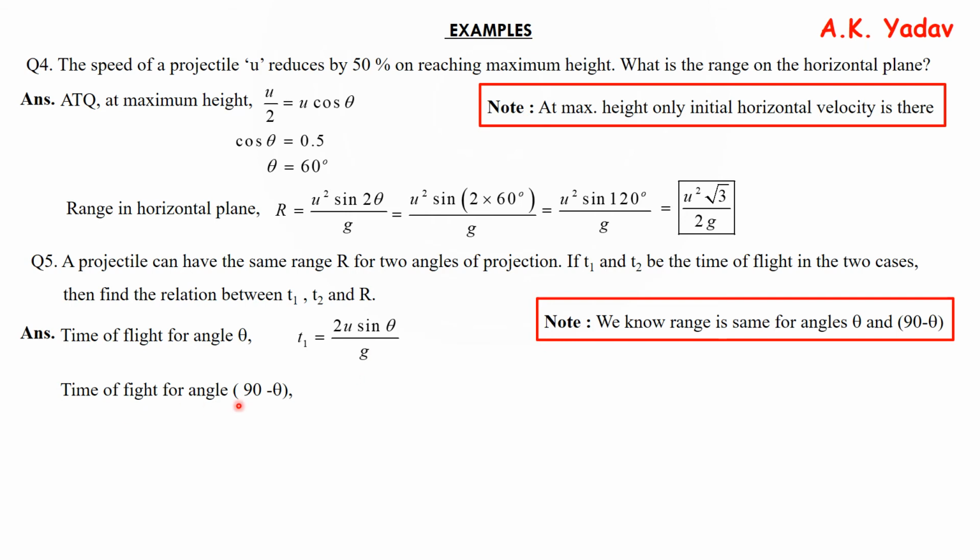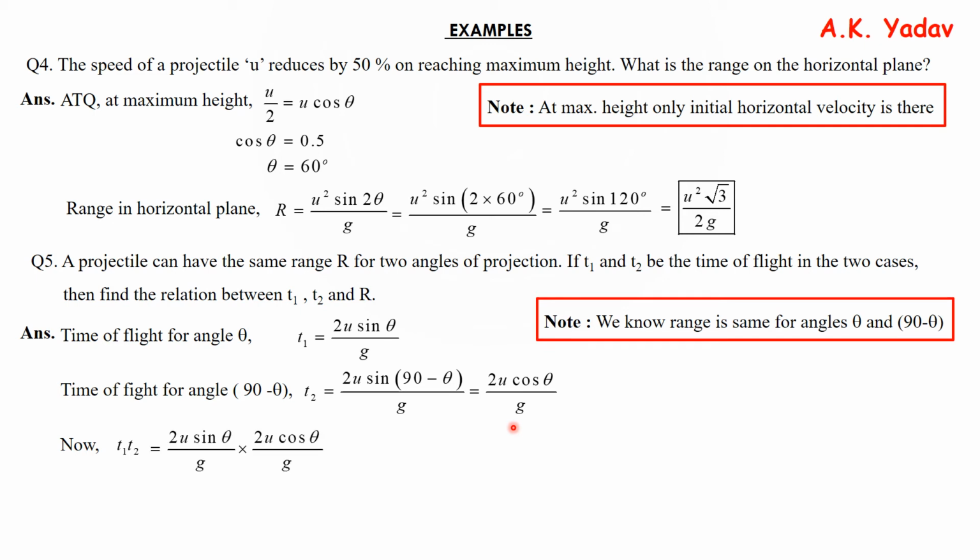And the time of flight for angle 90 minus theta, t2, is equal to 2u sine (90 minus theta) upon g. Now, sine (90 minus theta) is cos theta, so t2 equals 2u cos theta upon g. Now, the product of t1 and t2 is 2u sine theta upon g into 2u cos theta upon g, which is 4u square sine theta cos theta upon g square.